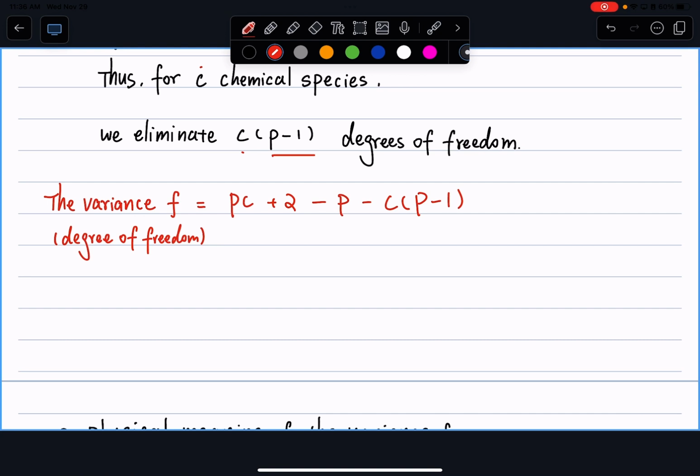This can be further simplified, obviously. You write it out: PC plus 2 minus P minus PC plus C. The PC terms cancel out, and we have F equals C minus P plus 2, assuming there are no reactions.